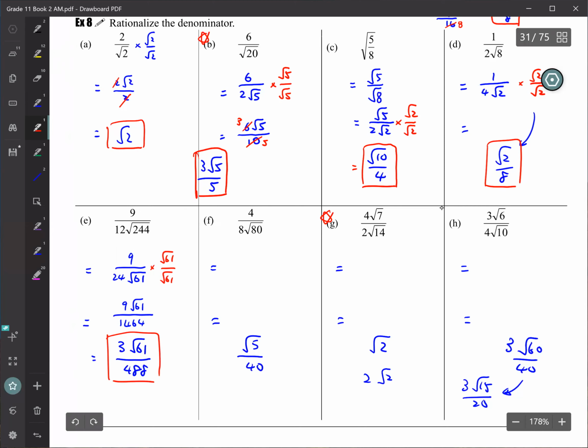Does anyone have questions so far? Okay, next part, we can also simplify the 80. From 80, I can take 4 out, 4 times 4 times 5. So 4 goes out, 32, and then 5 on the inside.